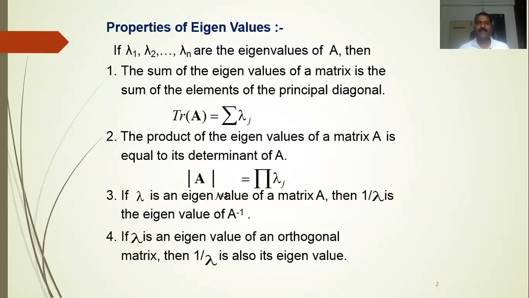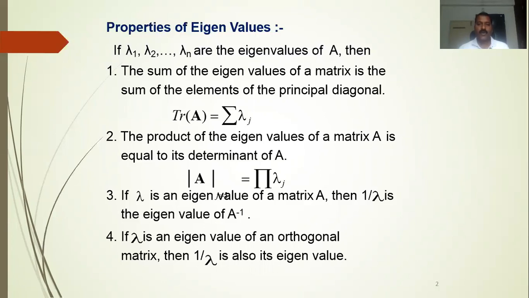Say lambda 1, lambda 2, and so on, lambda n are the eigenvalues of A. Then the first property is that the sum of all those eigenvalues is equal to the trace of matrix A. Trace, I mean the sum of the principal diagonal elements. That is, trace of A equals sigma lambda j. You add all the eigenvalues, and their sum is equal to the sum of the principal diagonal elements.